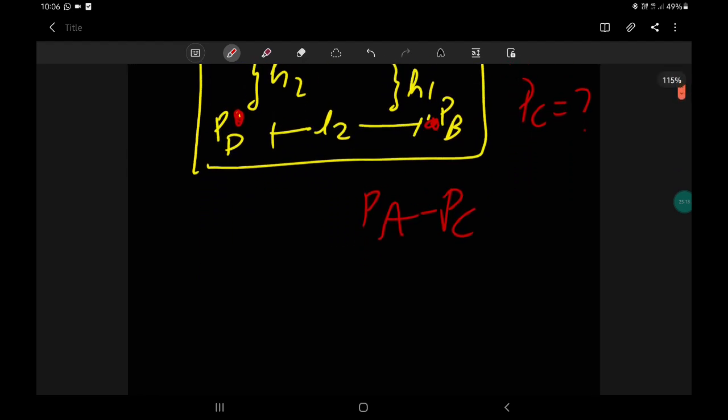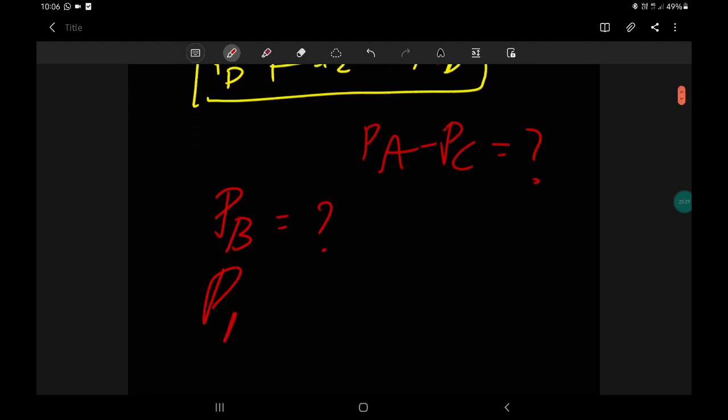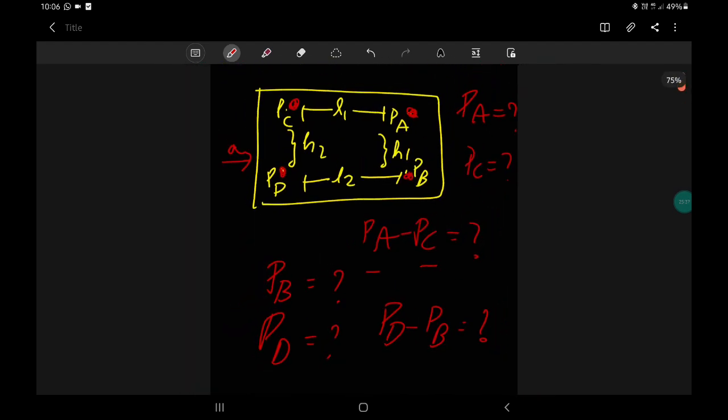I am also saying that this vessel is moving in this direction with acceleration a. So I want this pressure difference. Then I want the value of PB, I want the value of PD, and I want the value of PD minus PB. I have already given you a hint that pressure at A is greater than pressure at C.